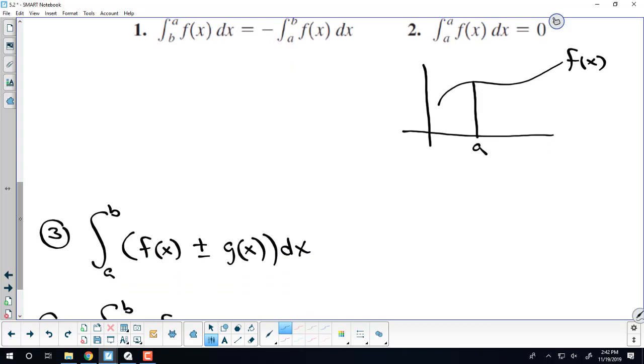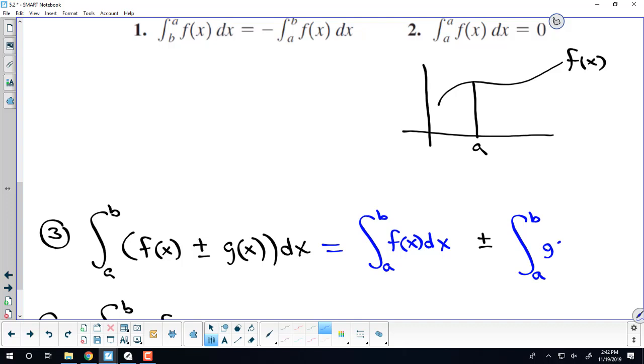Okay, remember when we had the sum of two different things that were added or subtracted together? We said that we could distribute the sum to all of those things. The same is true for the definite integral. We can look at that as the integral from a to b on f of x dx plus or minus the integral from a to b on g of x.